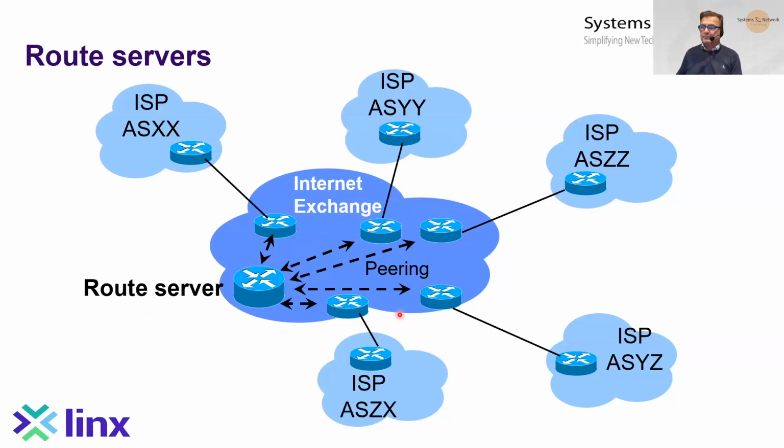But because we're talking about hundreds of different service providers wanting to interconnect via these internet exchange points, what route servers provide is a simplification of the interconnection infrastructure and a huge reduction in those numbers of interconnections that we mentioned before.